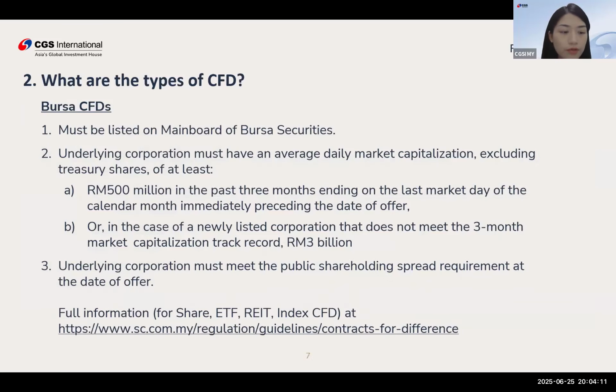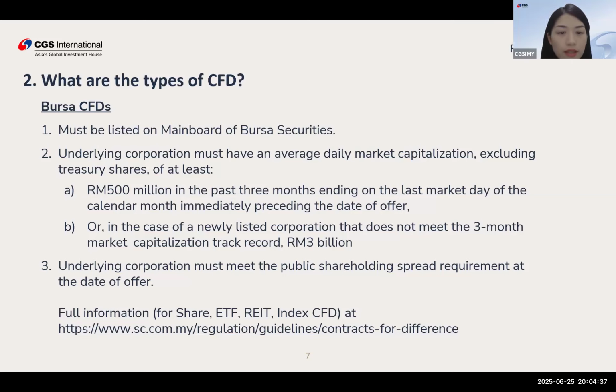Okay, so for your information, these are the criteria for shares offered in Bursa CFD. First, the underlying share needs to be on the main board of Bursa Securities. Secondly, the underlying corporation must have an average daily market cap, excluding treasury shares, of 500 million in the past 3 months at the time of offer.